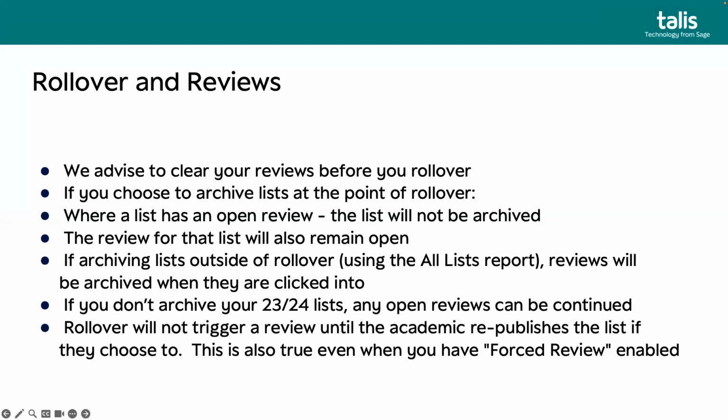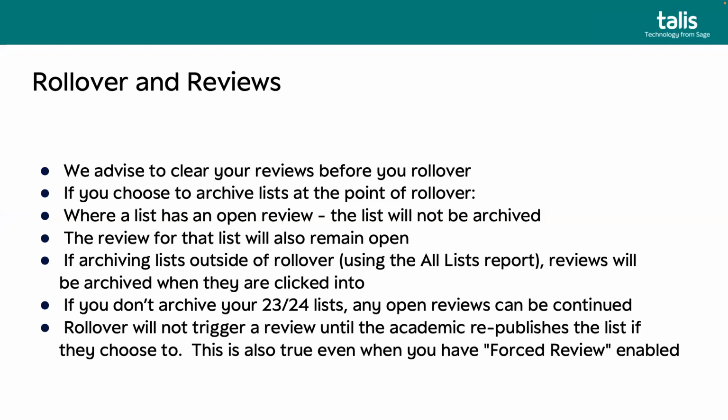You've chosen to archive all of your old lists. ABC123 will not be archived because there's still a review open on it. The system says, hey, there's some work going on here. So that's something you need to be aware of. As it says, though, the review for that list will also remain open. So you will be able to complete it, and maybe you want to archive it manually at that point.